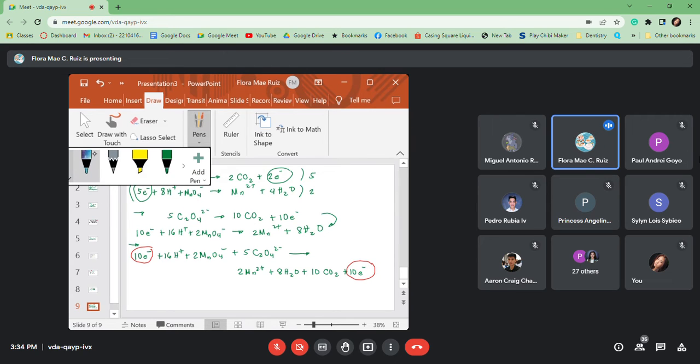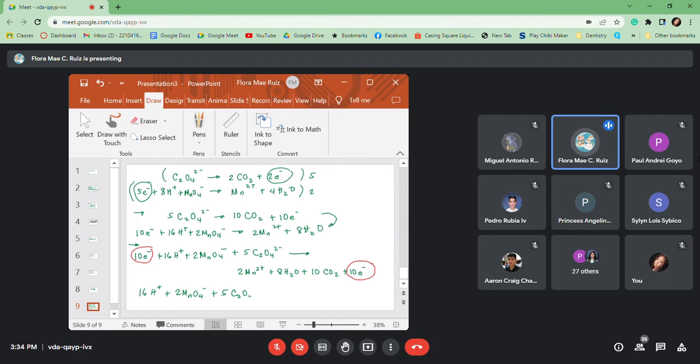We can cancel them together already, which will give us 16H plus 2 MnO4 minus plus 5 C2O4 2 minus, that will yield 2 Mn2 plus 8 H2O plus 10 CO2. Okay, so that is already our final balanced redox reaction.